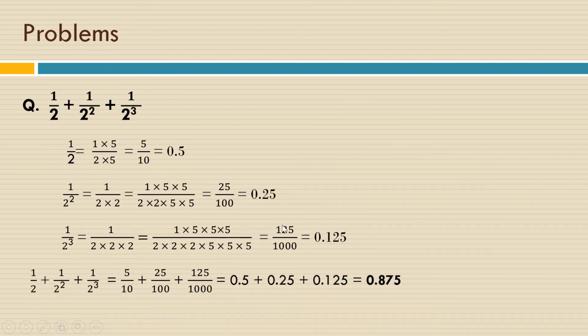We get 125 by 1000 equal to 0.125. Then 1 by 2 plus 1 by 2 square plus 1 by 2 cube equal to 0.5 plus 0.25 plus 0.125 equal to 0.875.